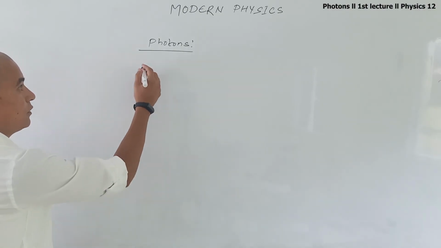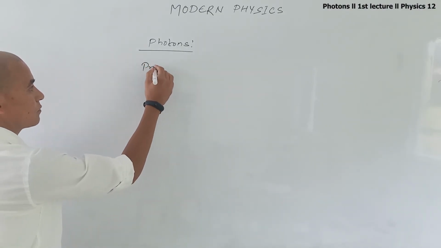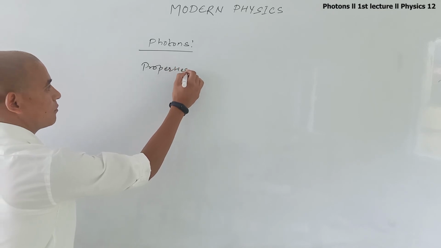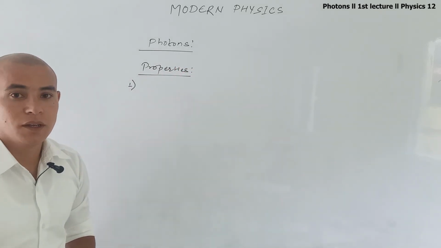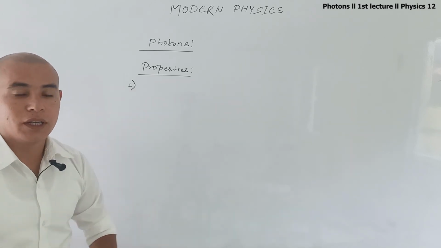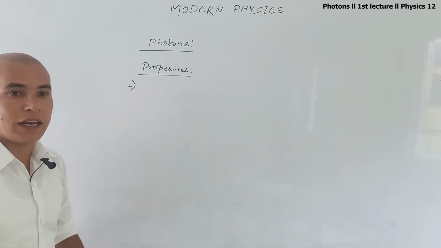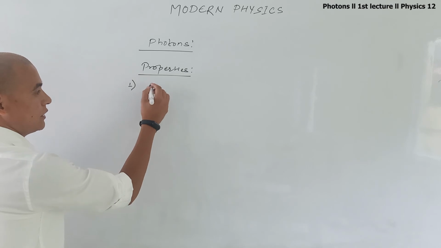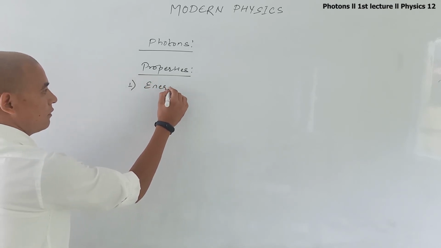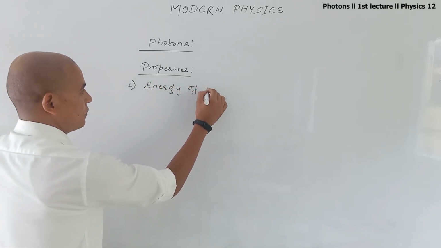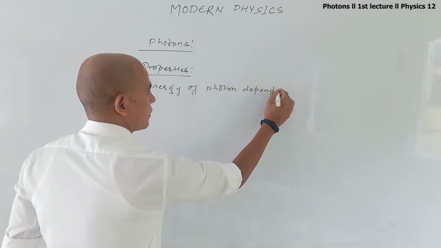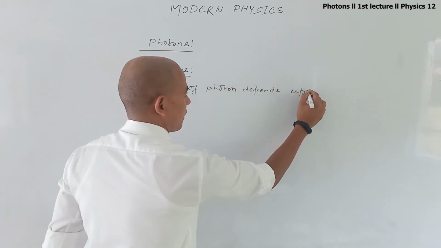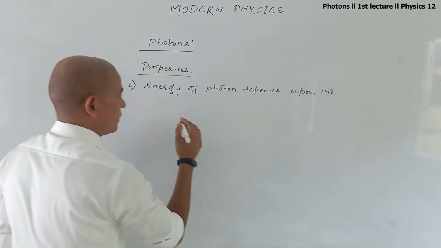The properties of photons. Number 1, the energy of a photon depends upon the frequency and wavelength of the radiation.